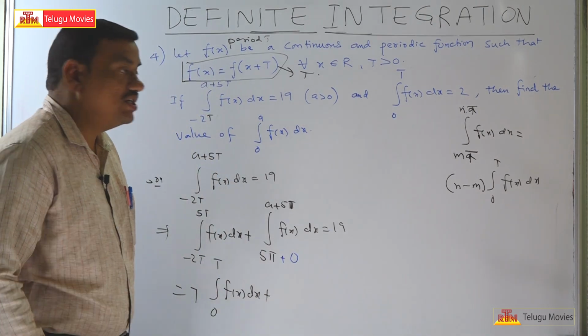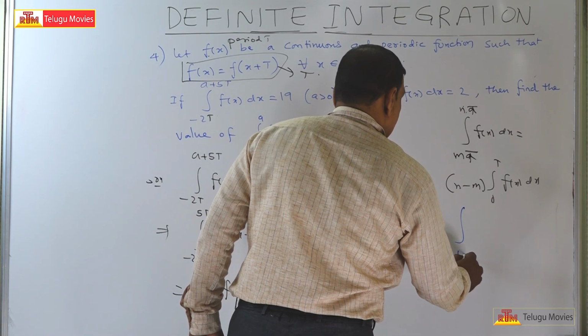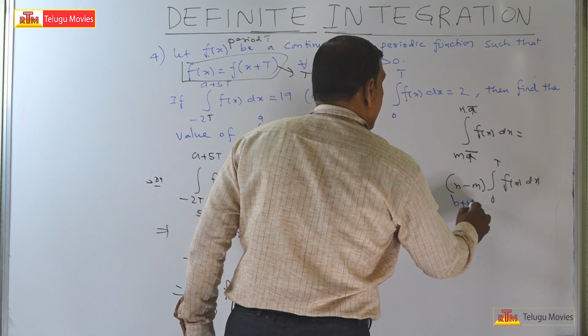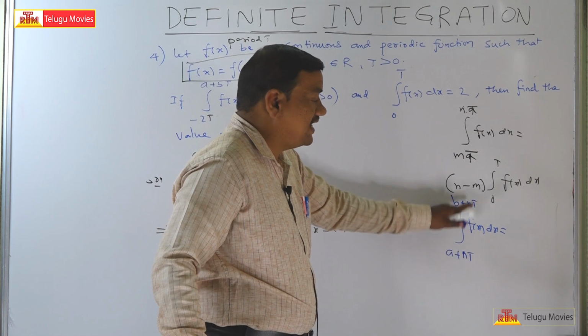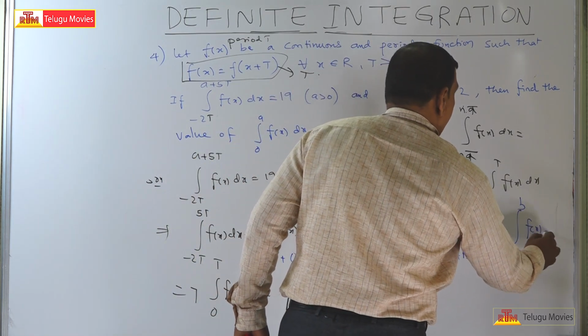the integral from a plus nT to b plus nT of f of x dx, if the shift nT is the same, is equal to the integral from a to b of f of x dx.